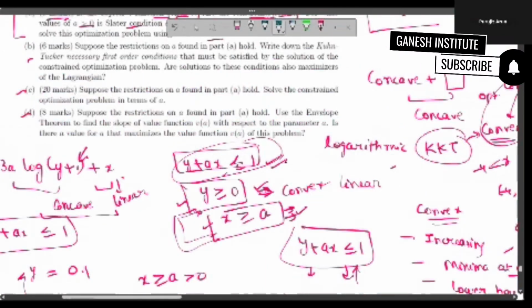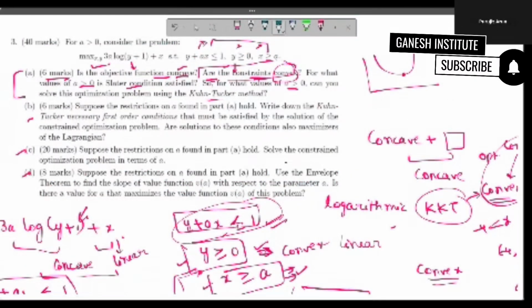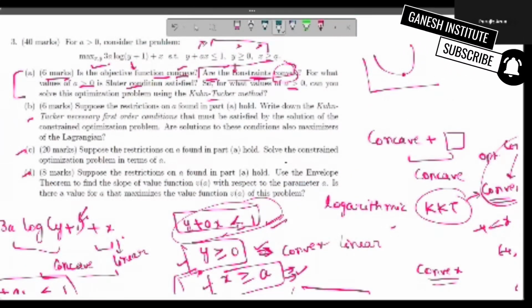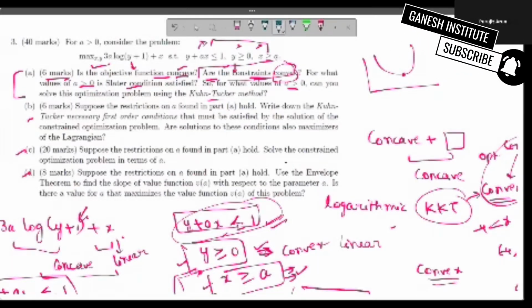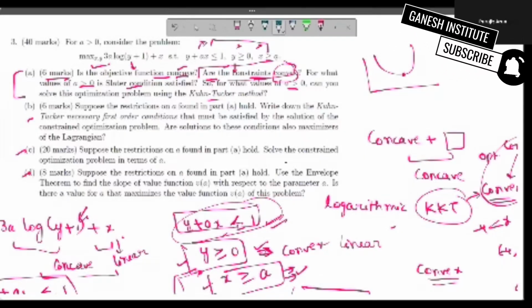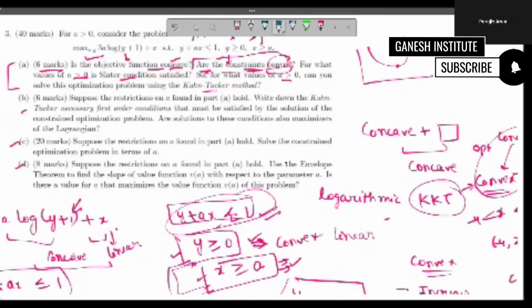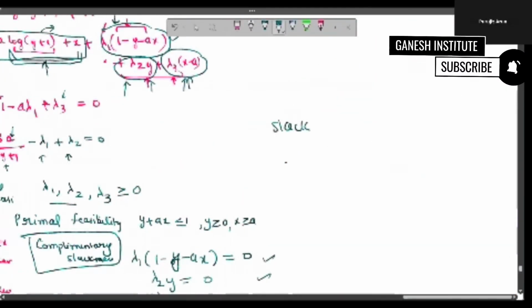The third question is solving. So first is, for what values of A greater than 0 can you use Kuhn Tucker? We have only talked about what will be the conditions for Kuhn Tucker. Now let's find out what will be the value of A for Kuhn Tucker.